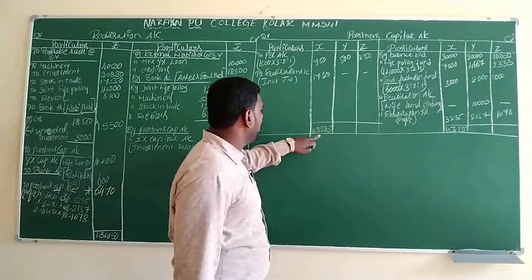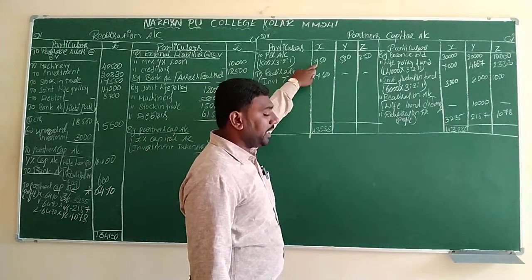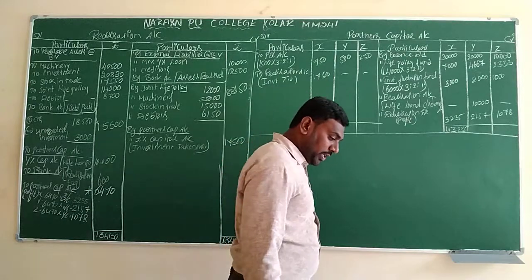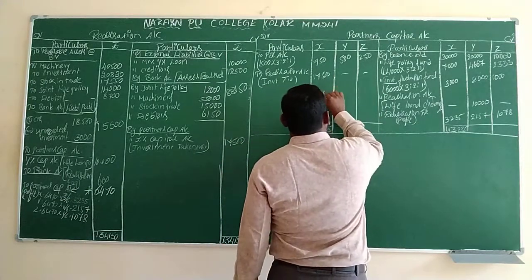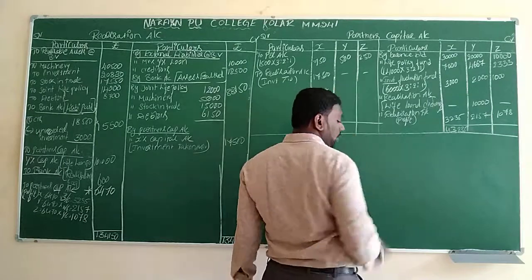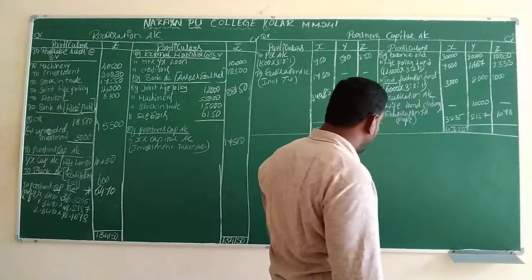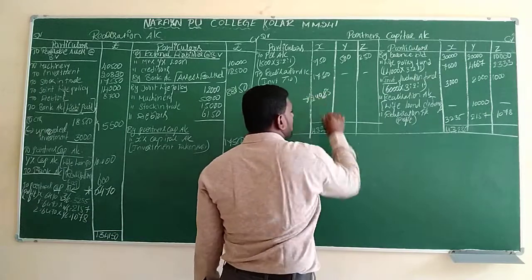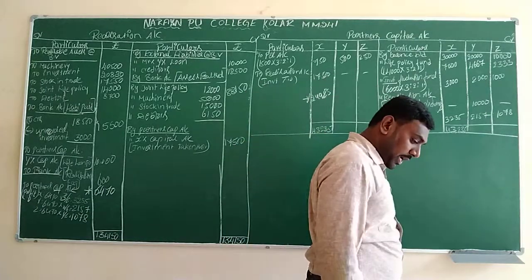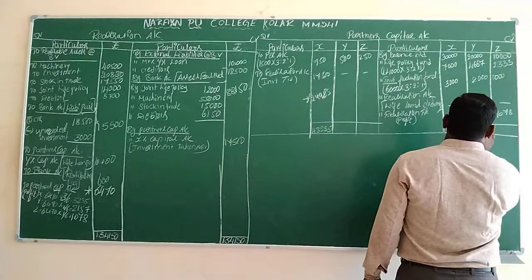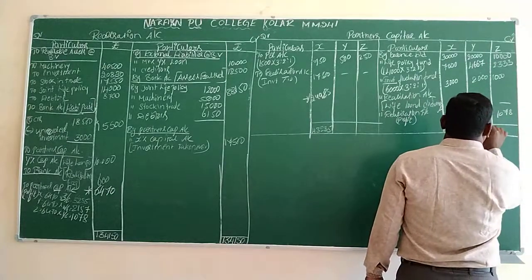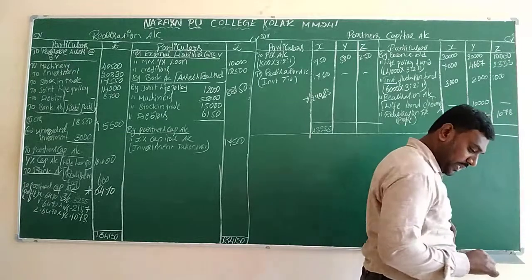Out of this 43,235, deduct these two values, we will get 24,985. So second partner's total we have to get 38,824. 38,824 rupees we have to get.